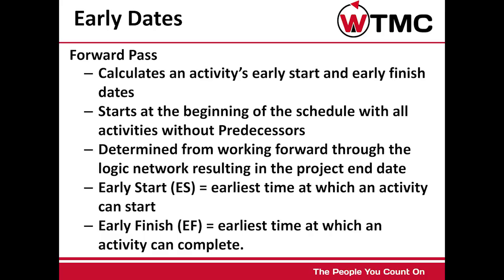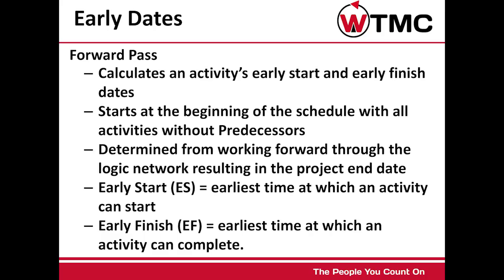The forward pass calculates an activity's early start and early finish dates. It starts at the beginning of the schedule with all activities without predecessors. It is determined from working forward through the logic network, resulting in the project end date.